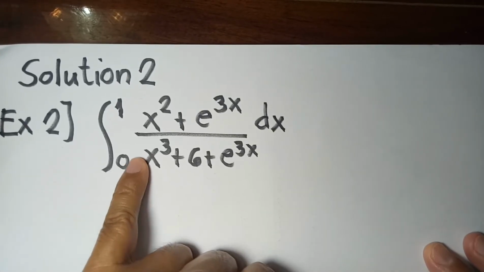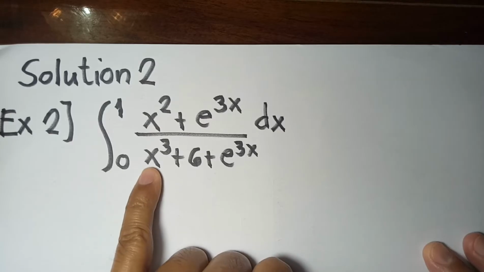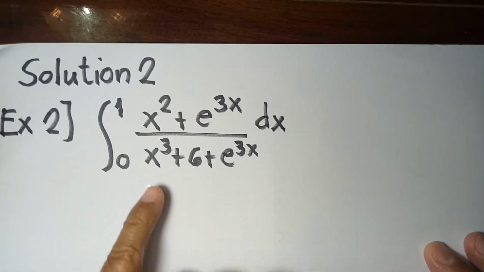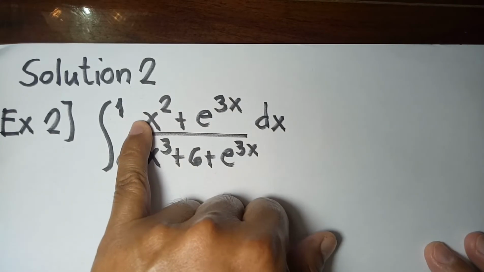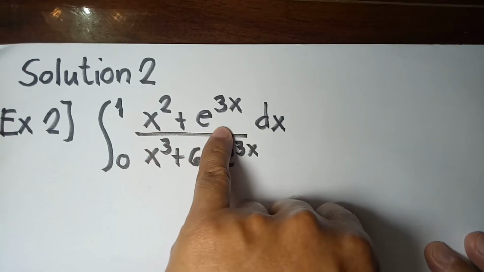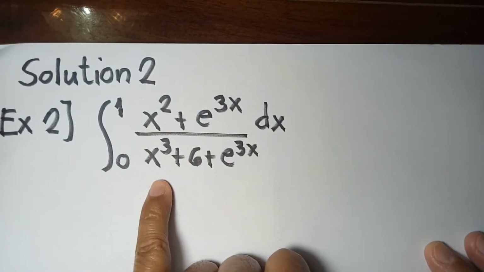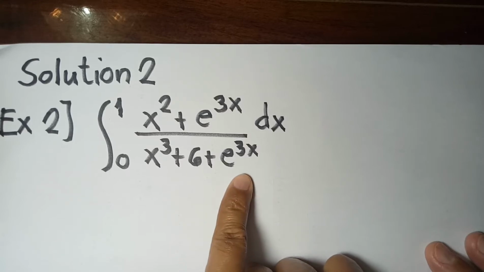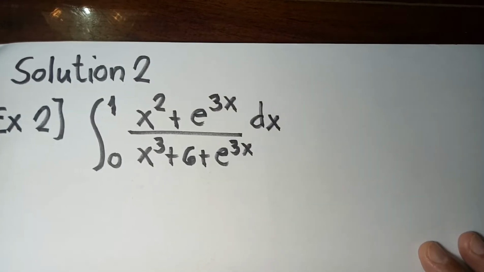Okay, so let us have another solution to our example number 2. So we have the integral from 0 to 1 of x squared plus e raised to 3x dx divided by x cubed plus 6 plus e raised to 3x.